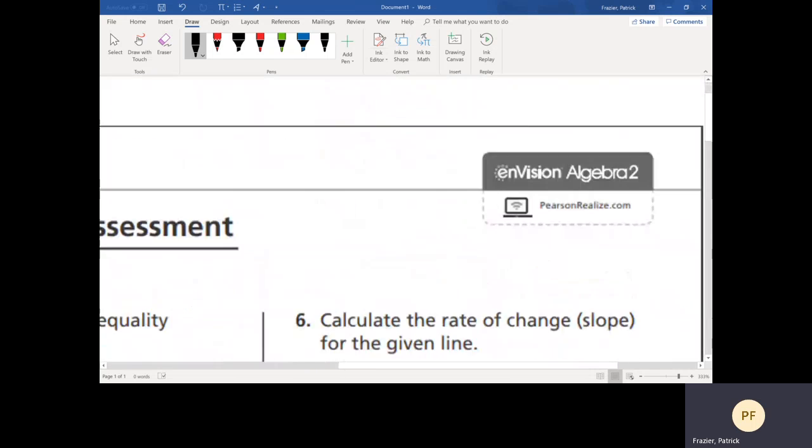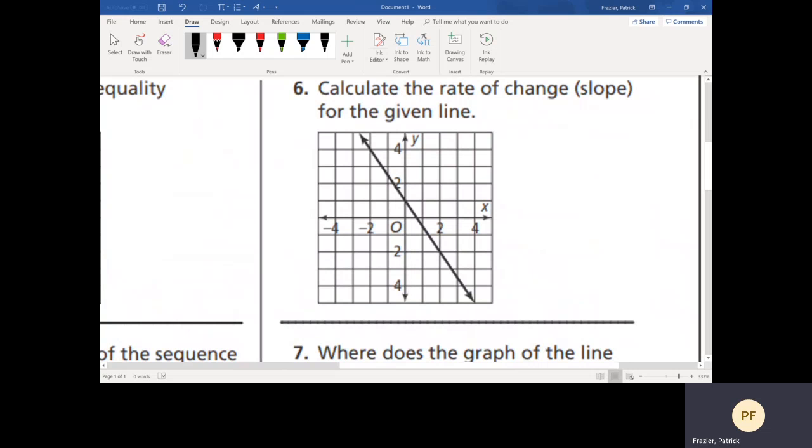And then we're just going to cap this off with problem 6. We want to calculate the rate of change, the slope for the given line. I'm going to find 2 nice clean points where I have an integer, a whole number, because I don't want to have to slice anything up if I don't have to.